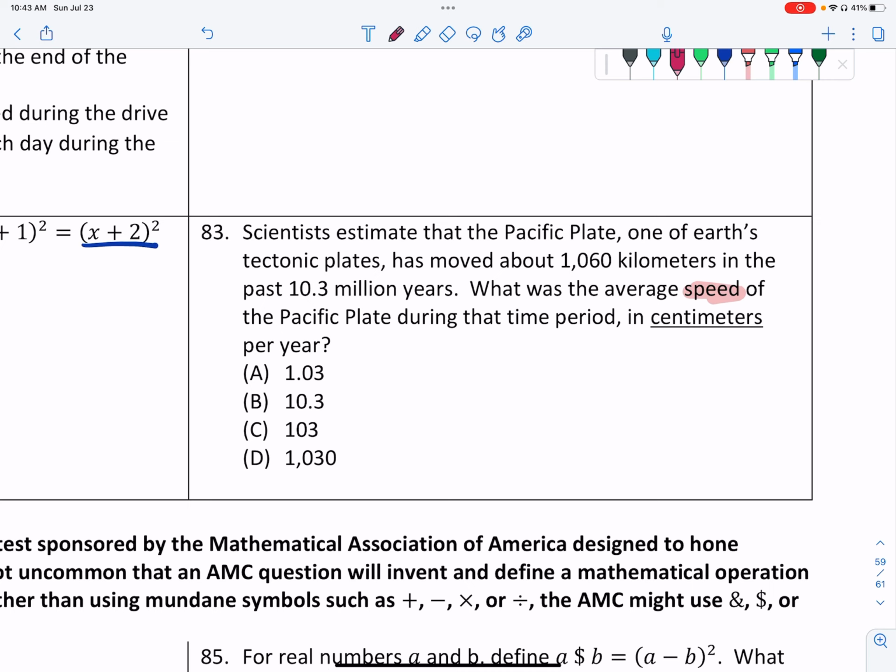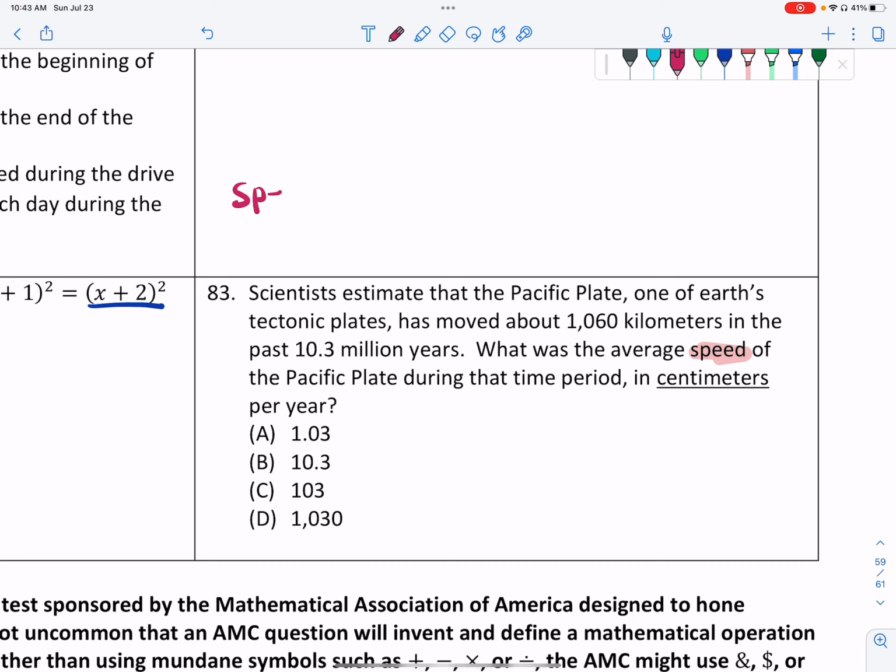So speed is equal to a distance over the time that it took you to go that distance. And we're given both of these things.